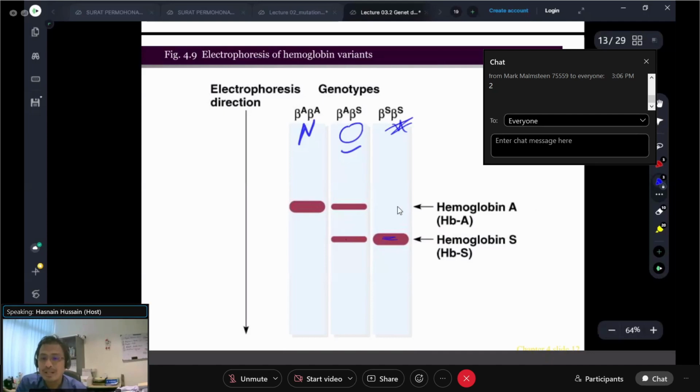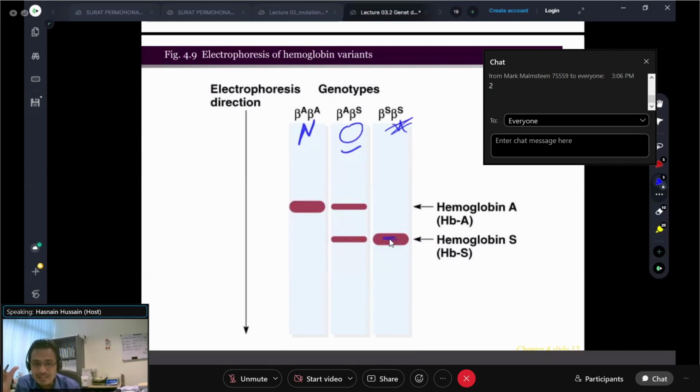So when that happens and you run it on the gel, because the shape is slightly different, the charge of the protein, you recall from your STB1083 biochemistry, right, between alanine and another amino acid, sometimes has a higher or stronger positively charged molecule.